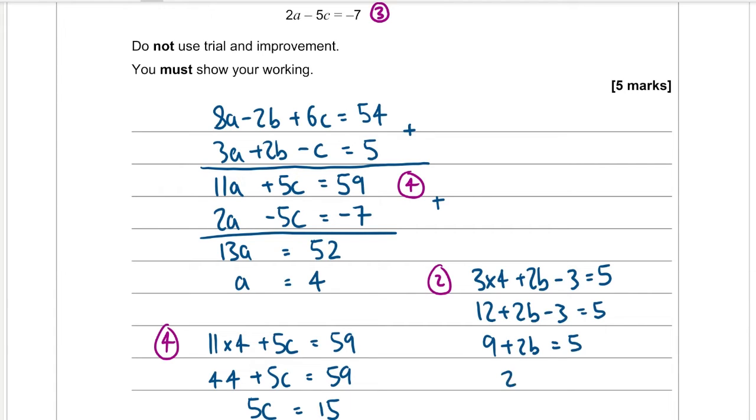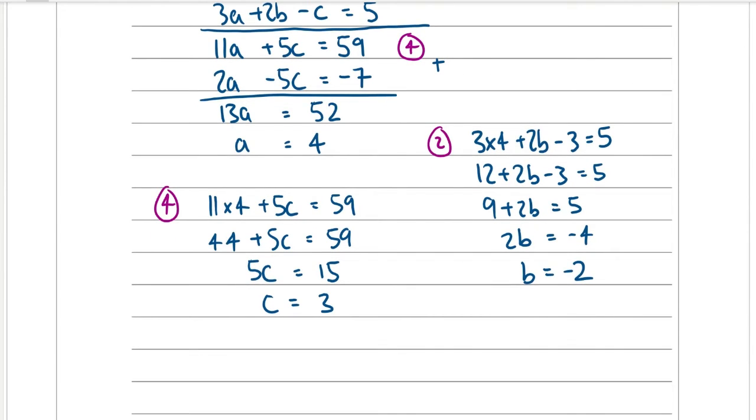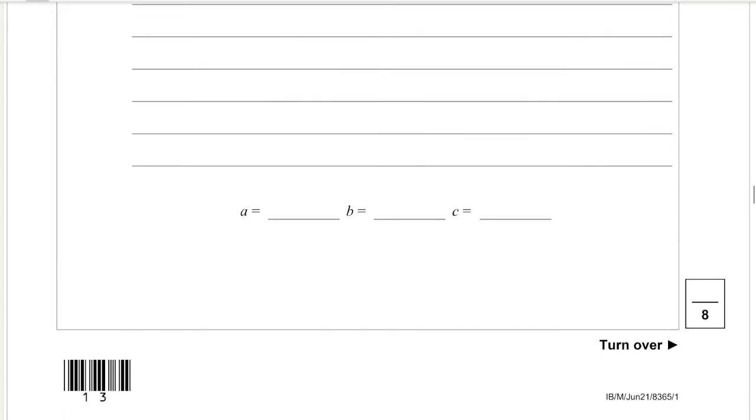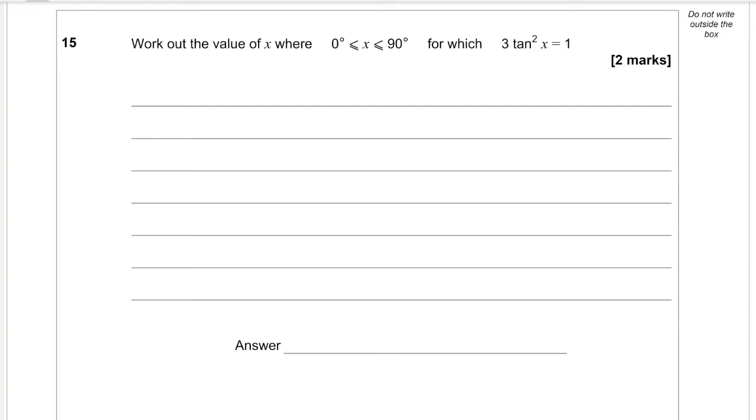Subtract 9 from both sides, which gives me minus 4. So therefore b is equal to minus 2. You should always get good-ish numbers, like whole numbers or 0.5s. If you're getting recurring decimals or something like that, then you've probably made a mistake and it's a good idea to refresh.